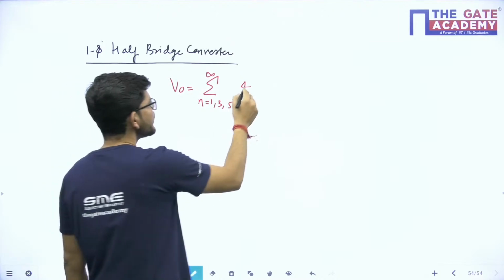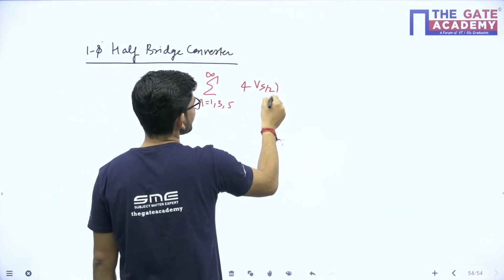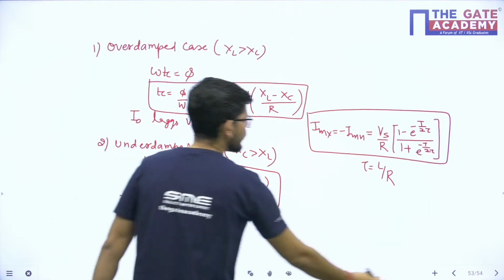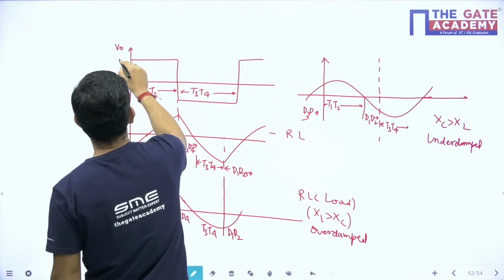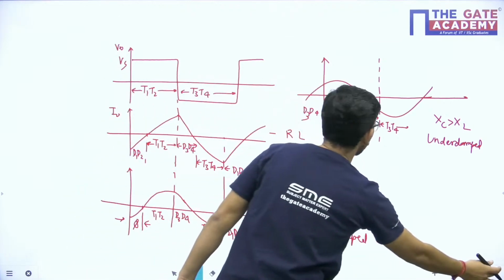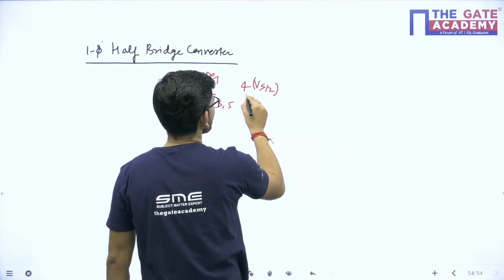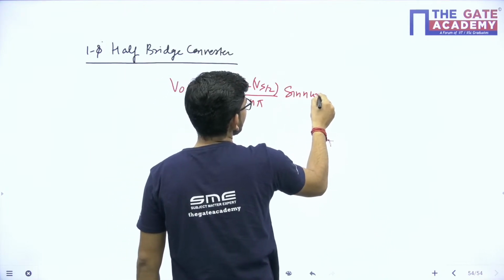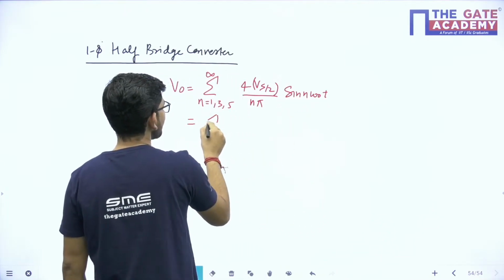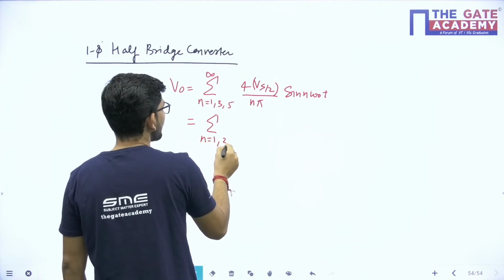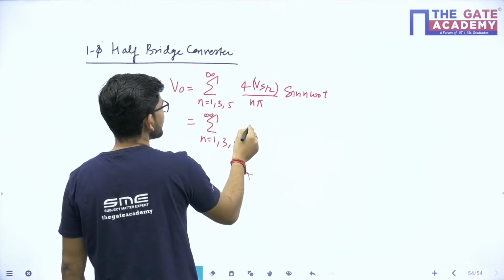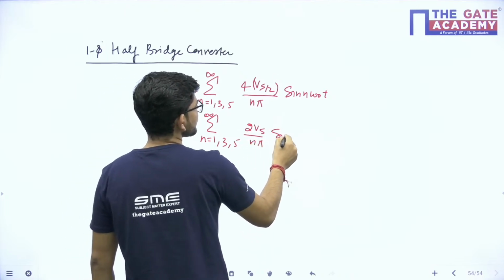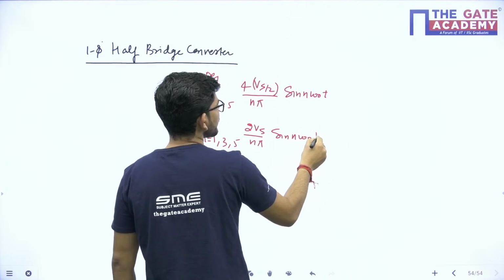So we have 4 Vs, and in case of half bridge we are having Vs by 2 magnitude here, and in case of full bridge inverter, we are having this magnitude equal to Vs. So this will be equal to 4 Vs by 2 upon n pi sin n omega naught t. So ultimately, for n equals 1, 3, 5 to infinity, this will become 2 Vs upon n pi sin n omega naught t.